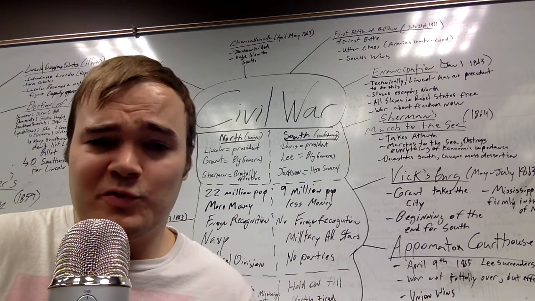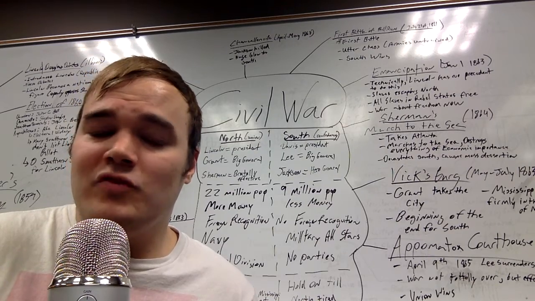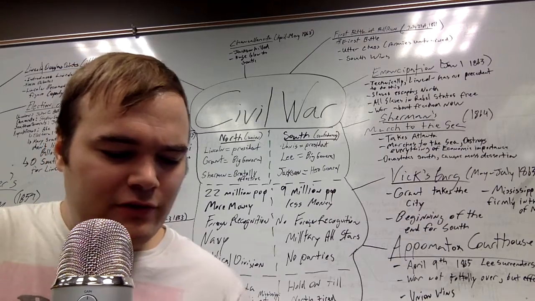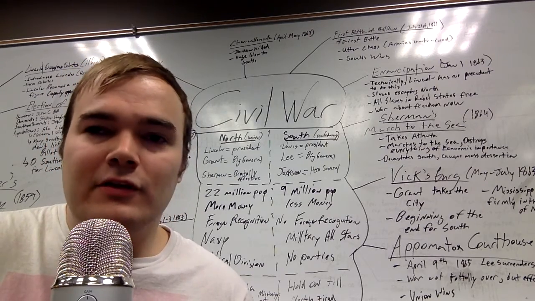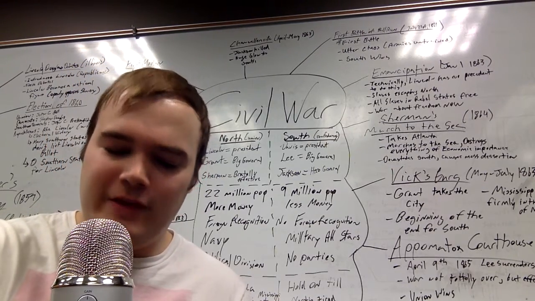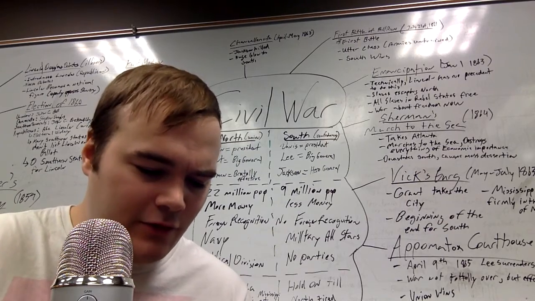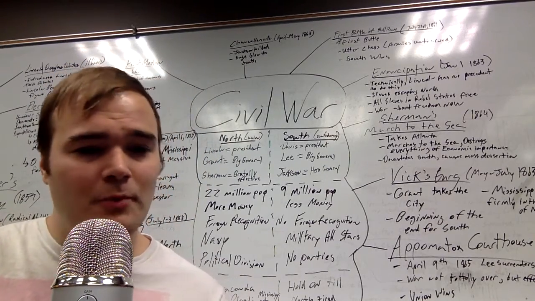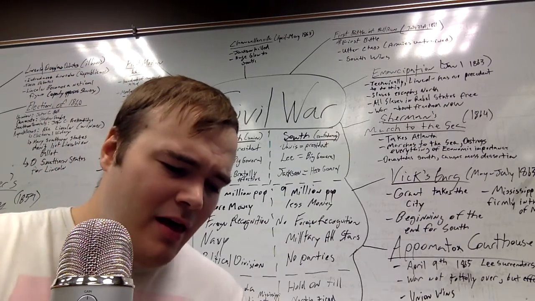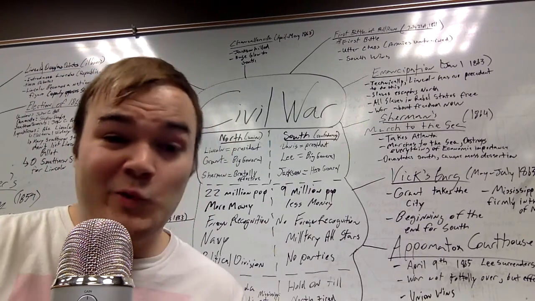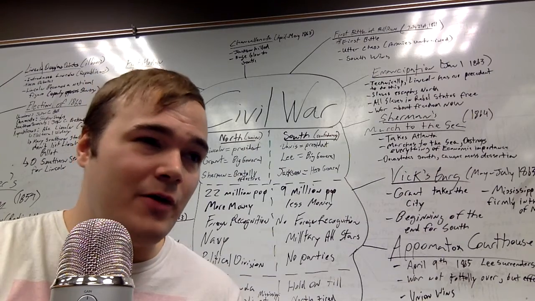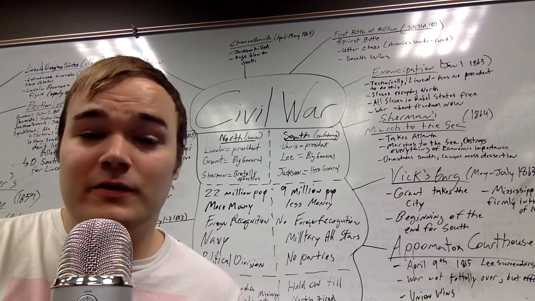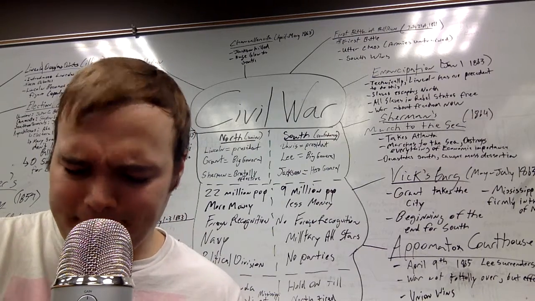Things continue to get worse for the South. General Sherman takes Atlanta, and when he does, he decides that he's going to march to the sea. And while he's doing that, he's going to basically slash and burn everything of economic worth between there and the sea. This is a brutal tactic, and it's very, very ungentlemanly in war to do something like this. He doesn't kill any civilians, but he destroys their property.